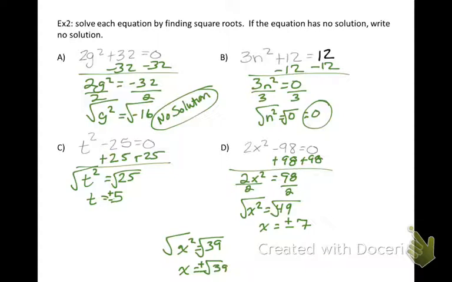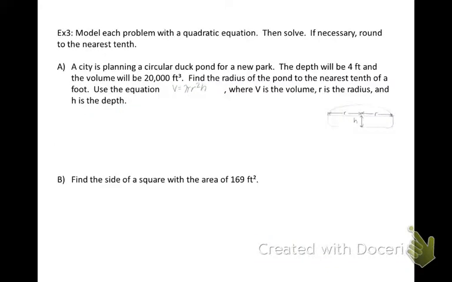All right. Example 3. It's a little different. There's some equations that you need to do. Model each problem with a quadratic equation, then solve. If necessary, round to the nearest tenth. A city is planning a circular duck pond for a new park.